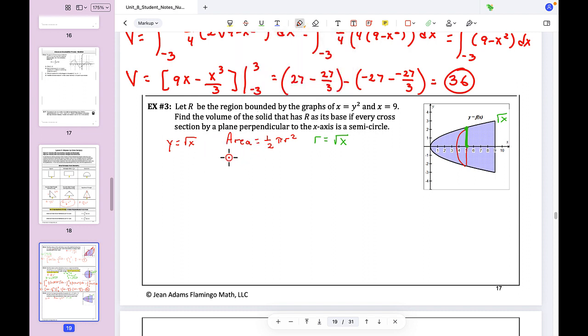Okay, so the area function is going to be 1/2 pi square root of x squared, or 1/2 pi times x. So our volume is the integral from 0 to 9 of the area function, which will be 1/2 pi x dx.